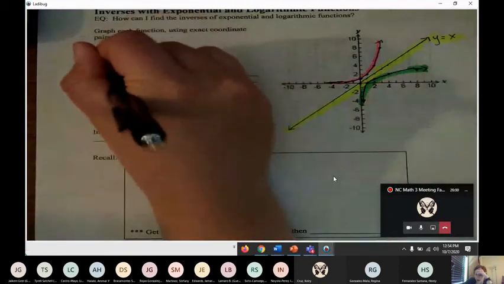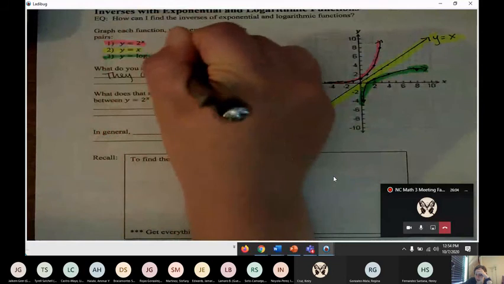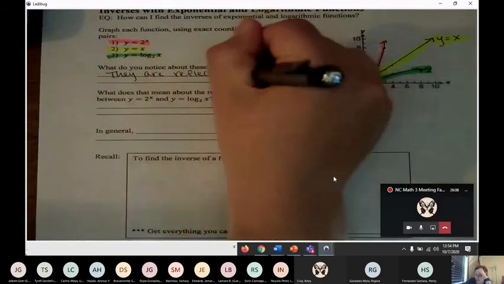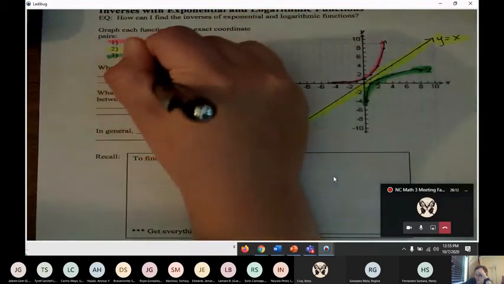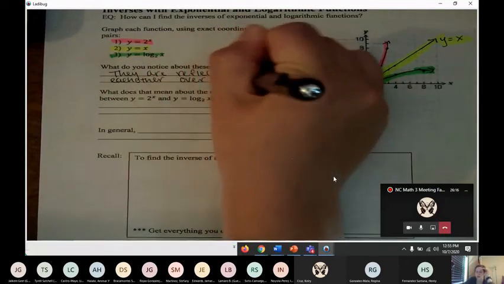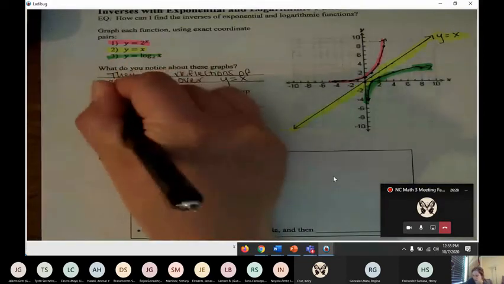We can say they are reflections of each other over the line y equals x. Okay, so we're reflecting across that yellow line. And that asks, what does this mean about the relationship? It means that these functions are inverses of each other.